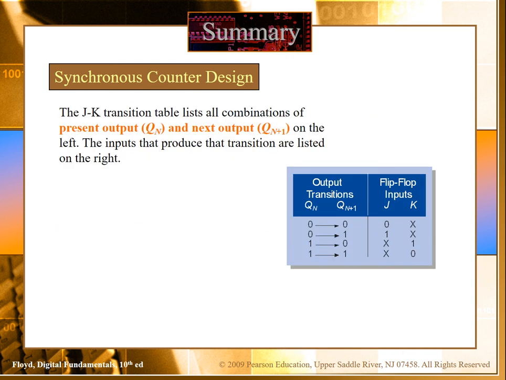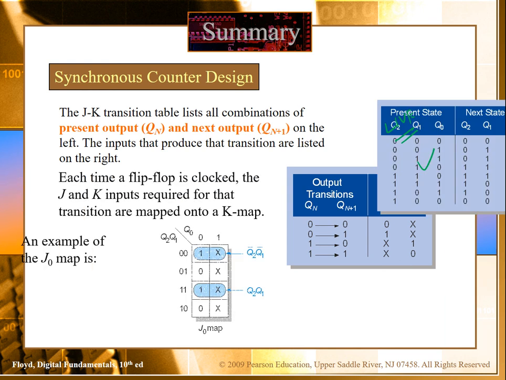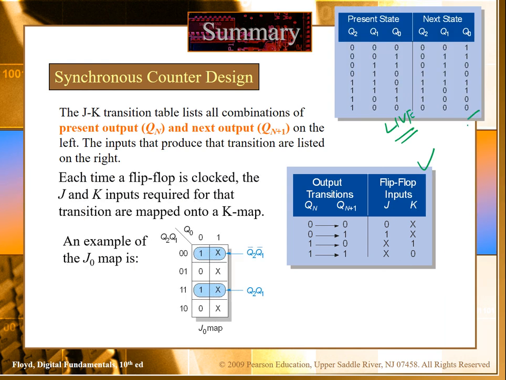Next, if we are implementing using the JK flip-flop, we will make the JK flip-flop transition table. I will explain in the live session how we can make this. Then, by comparing these two tables, the transition table and the state table, we can devise the K-map.